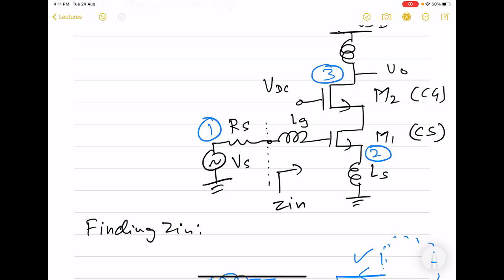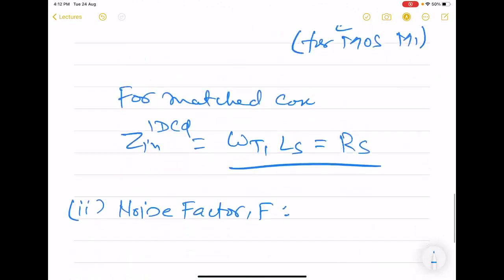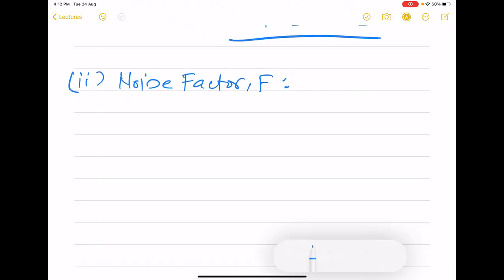So the general procedure will be what we have been following. That means you take up one noise source at a time in the circuit by using the superposition principle, and then try to find out the short circuit output current, and do this for the remaining ones also. So here we are going to do that, but now we have two more.